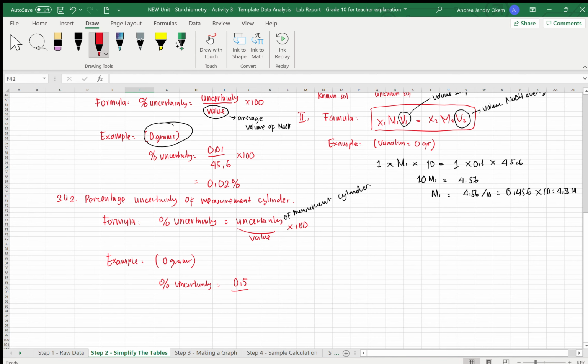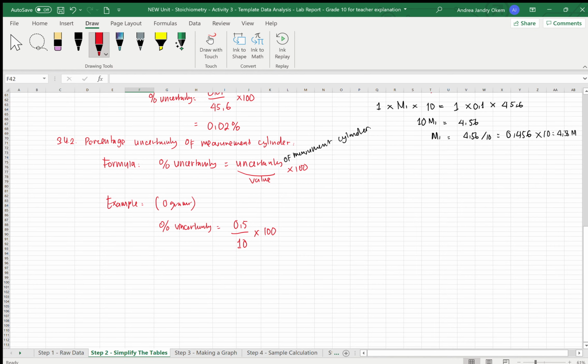So we divide by 10 and then multiply by 100. 0.5 divided by 10 and then multiply by 100. So we got 5%. After we get 5%, we need to find the total percentage uncertainty from both tools.